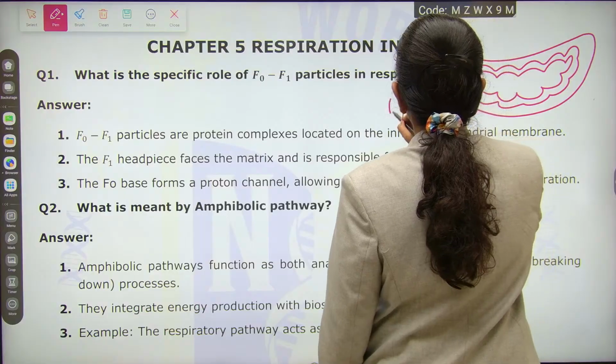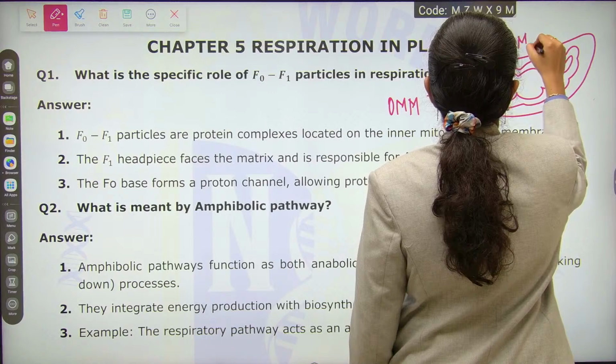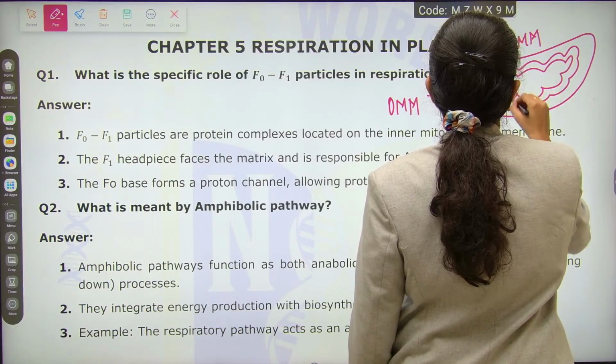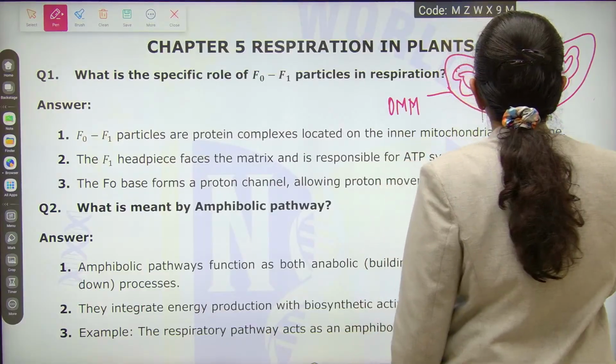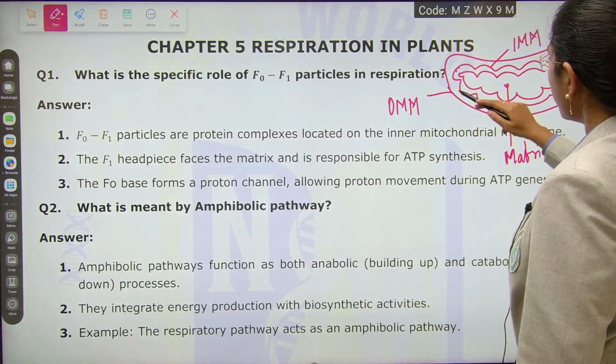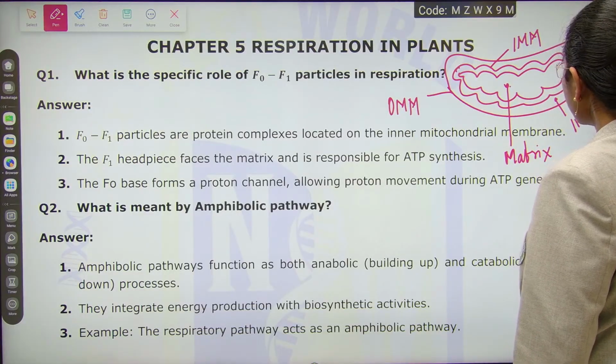This will be the outer mitochondrial membrane and this the inner mitochondrial membrane. This will be the mitochondrial matrix. Fine, right? Outer mitochondrial membrane, inner mitochondrial membrane, mitochondrial matrix, and this is the intermembrane space.